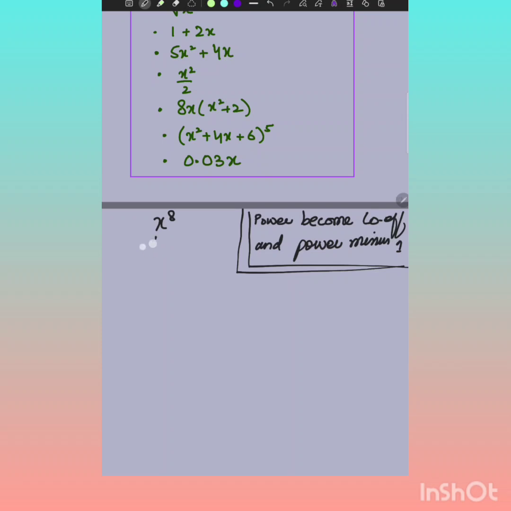So for x to the power 8, what is the power here? The power is 8, and it will become the coefficient. 8 becomes the coefficient, then 8 minus 1 is 7. So the derivative of x to the power 8 is 8x to the power 7, right?